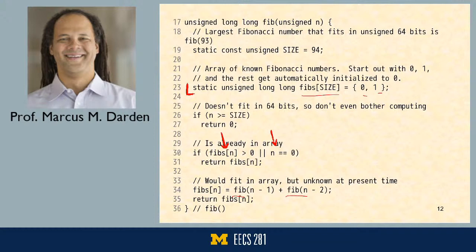And you see that I've got some array declared here. It's unsigned long fibs. In front of that, I've got the static keyword. And what static does when I declare a variable inside a function is it makes that variable persist.